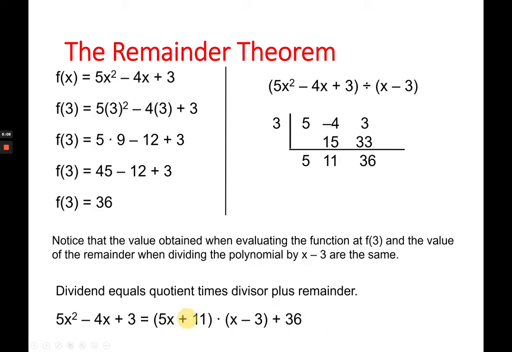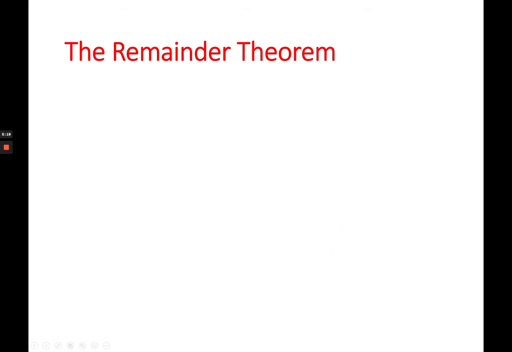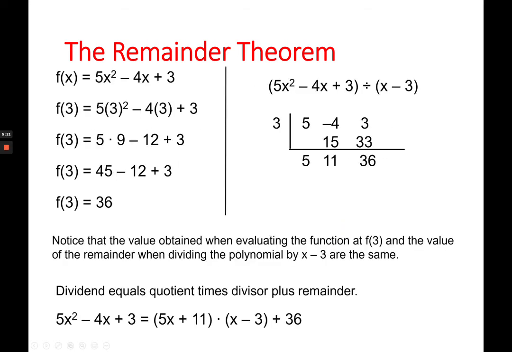If you multiply 5x plus 11 times x minus 3 plus 36, it gives you back your dividend, 5x squared minus 4x plus 3. This is what you call synthetic substitution.